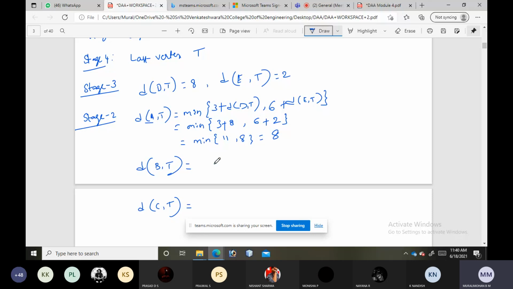Everyone got 12, right? What about the C to T? 10.